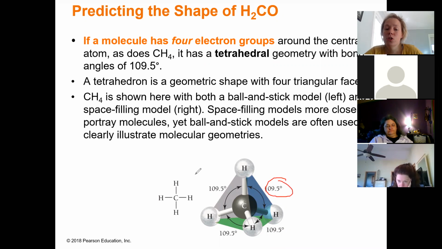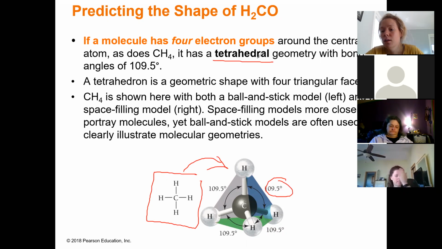So know that just because it kind of looks like it's square planar when you're drawing it, what's actually happening in space when you have 4 electron groups is this thing right here called tetrahedral. You may have heard of tetrahedrals before, tetra being 4. So now we've got linear, we've got trigonal planar, and we've got tetrahedral.